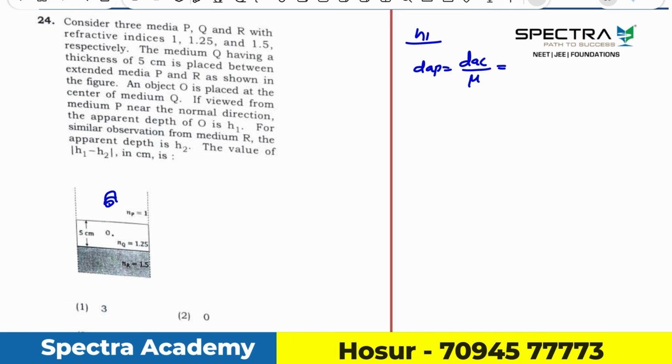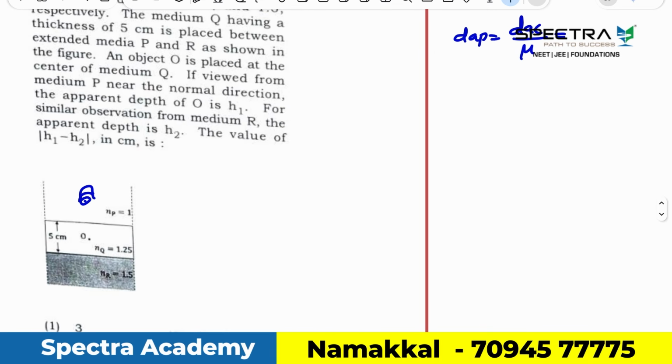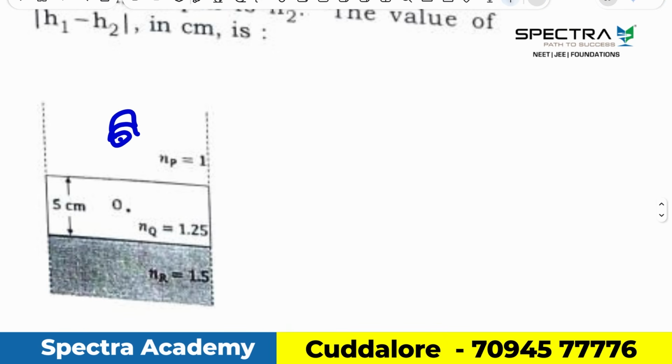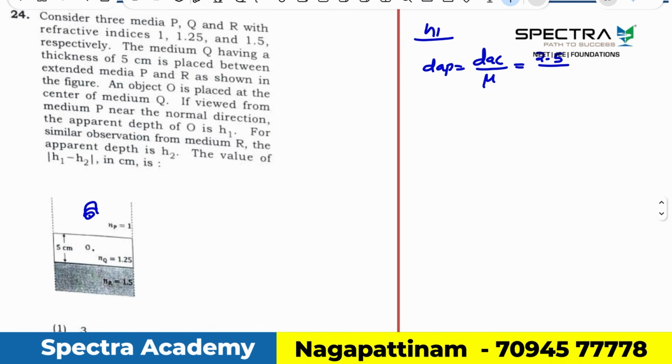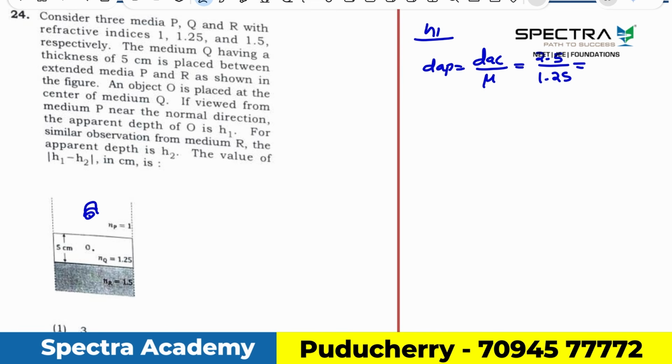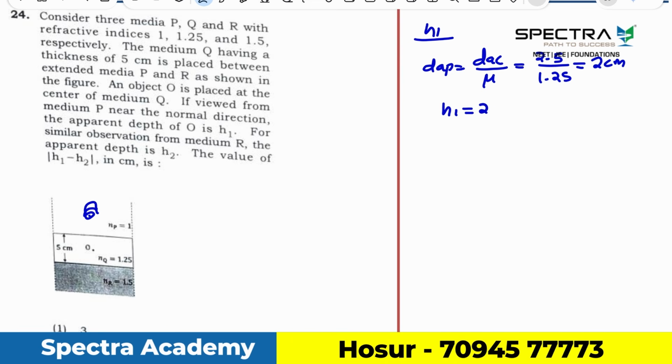Even though this is 5 centimeter, the object is at 2.5 centimeter, isn't it? So d actual is 2.5. Now what is the refractive index in the figure? Refractive index is 1.25. So if you substitute 1.25, then this is 2 centimeters. So h1 is equal to 2 centimeter.